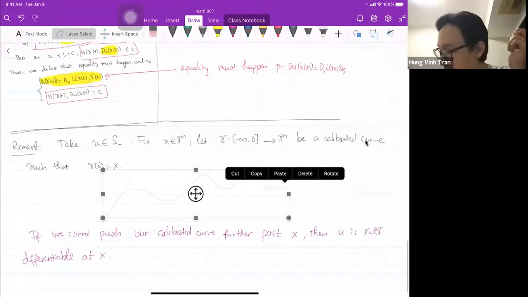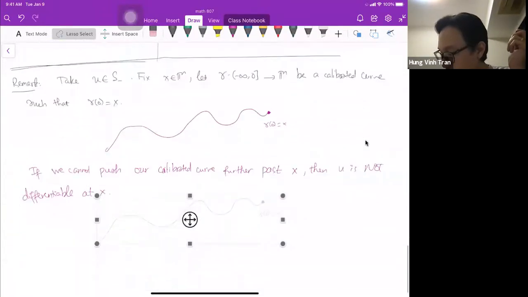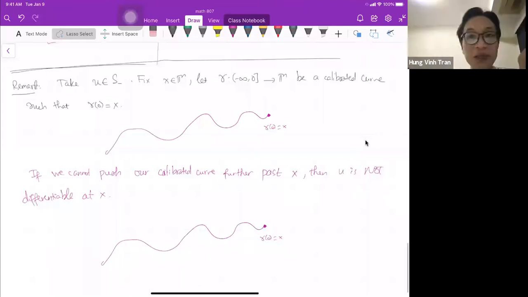So what would be the scenario where I know that our function is differentiable at that point? Well, again, purely speculation.